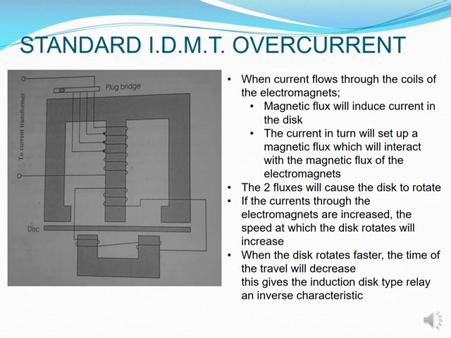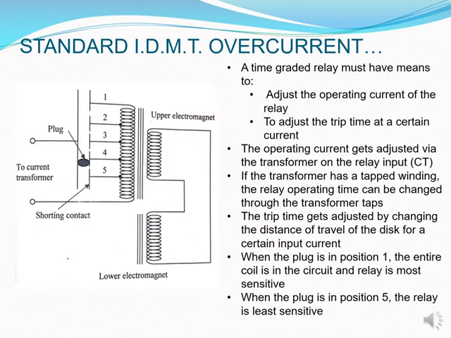And when your disk rotates faster, the time that it travels will decrease, and it gives your induction disk type relay an inverse characteristic. If that time decreases, it means that the space between your two electromagnets will be closed, and therefore you are tripping the circuit. So in here you have what you call a plug, and you can see it's labeled from 1 up until 5.